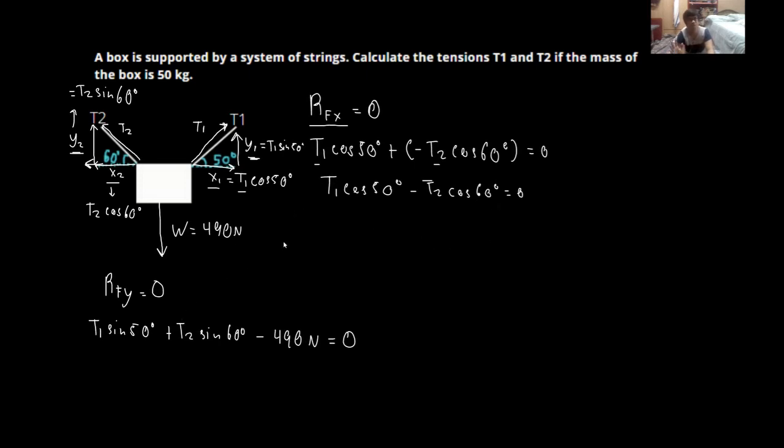Kung hindi nyo mag-gets, I'll give you the first step. Pumili kayo kung anong pipiliin nyo, T1 or T2. Para sa akin, pipiliin ko si T1. Para ma-derive ko at matira lang si T1, transpose ko to sa kanan, I will have T1 times cosine of 50 degrees is equals to T2 times cosine of 60 degrees.